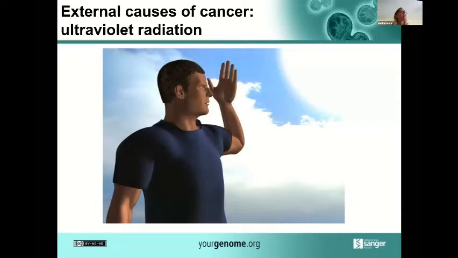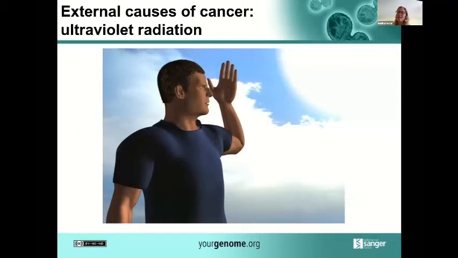Depending on your skin color, someone with my skin color needs a minimum of sort of 15 minutes a day. So not long at all. If you've got darker skin color, you need slightly longer because your skin is darker, so it doesn't absorb as much. But you've got UVA and UVB radiation.